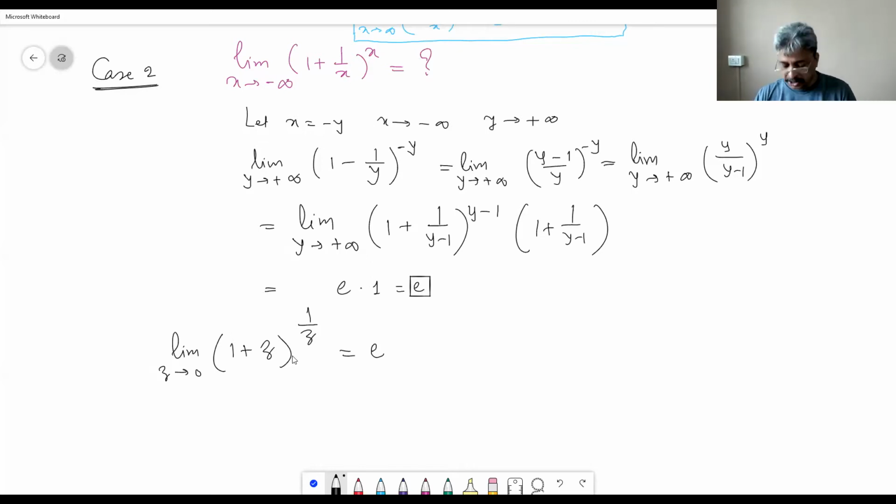So just make a mention of this, as z tends to 0, 1 upon x, x tends to plus infinity. And therefore, these limits are e, which is a number, a real number.